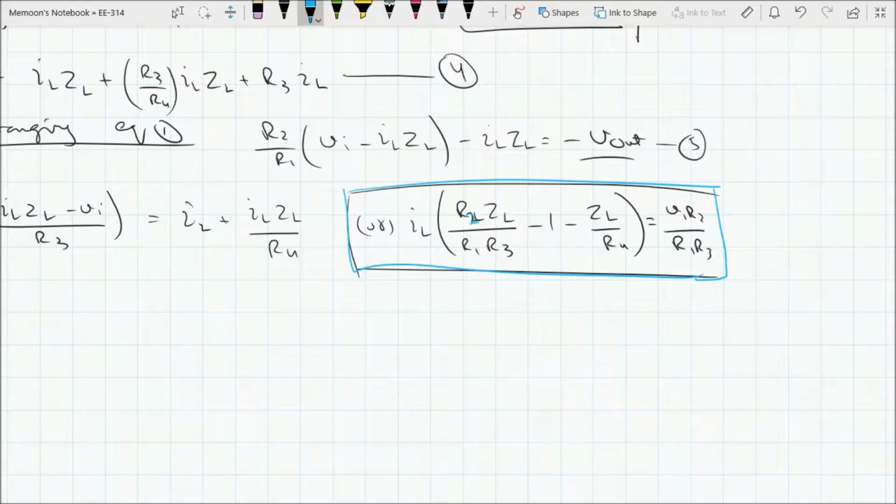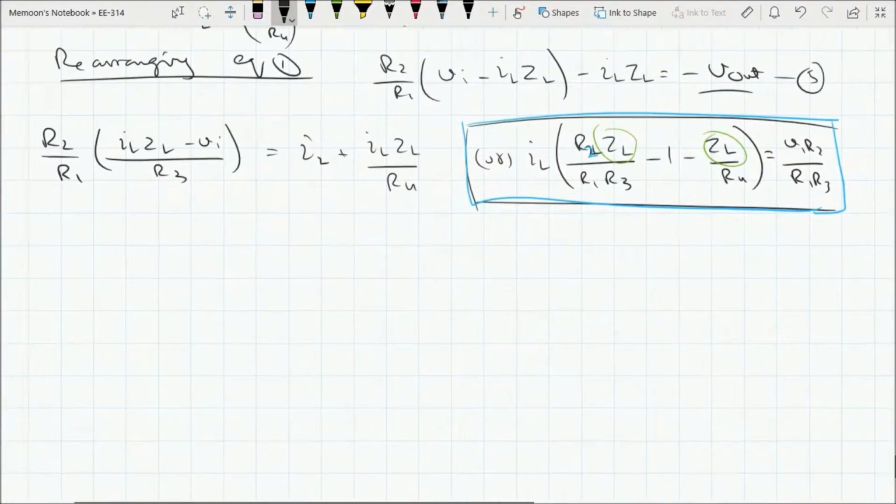The second target was that this relationship of Vi and IL should be independent of the load resistor. But here we can see that the second target has not yet been achieved. ZL is still present in our expression. So what can we do to make this expression independent of the ZL?